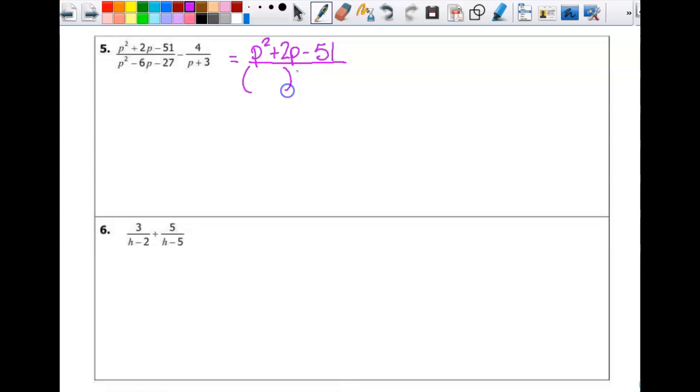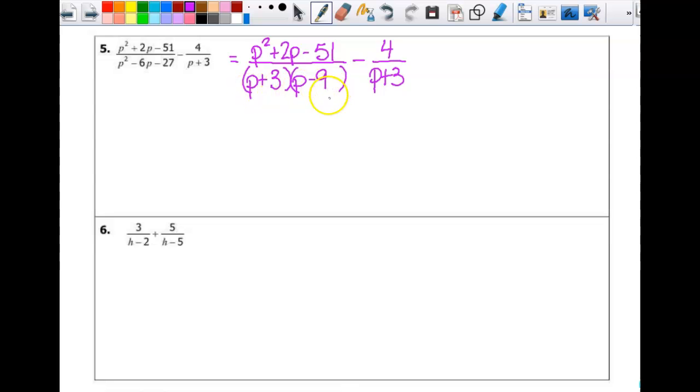Let's try to factor the denominator. This is p, this is p, this is negative, so the signs are opposite. Two numbers that multiply to give me 27, subtract to give me 6. Positive 3 and negative 9. Okay. So since I got that, and I'm going to subtract 4 over p plus 3, can you see a better option for a common denominator?